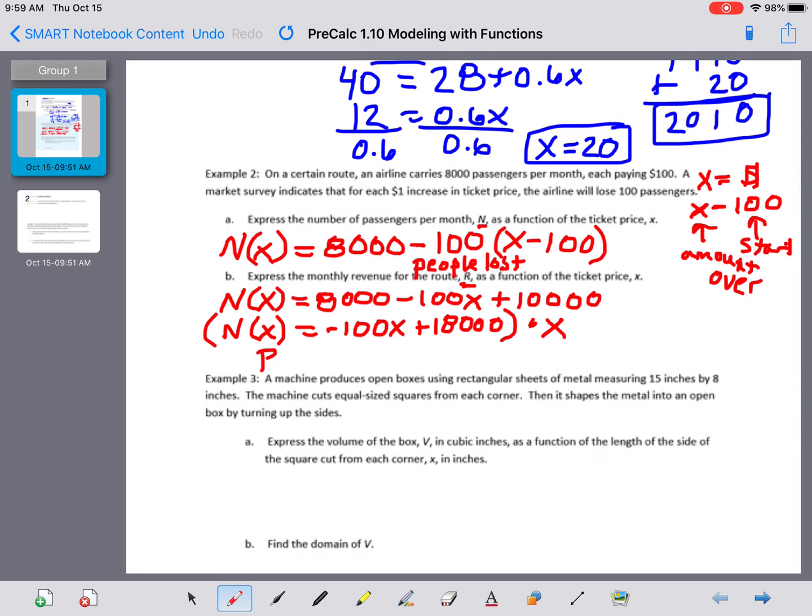So now we're going to change over to revenue, and we just multiply everything by x. So we get negative 100x squared plus 1,800x. This is the number of passengers, N of x. When we multiply it times the x, the ticket price, then we can know how much we actually made. So there's my revenue now when I multiply all of that times x.